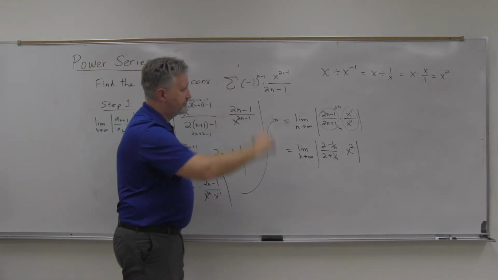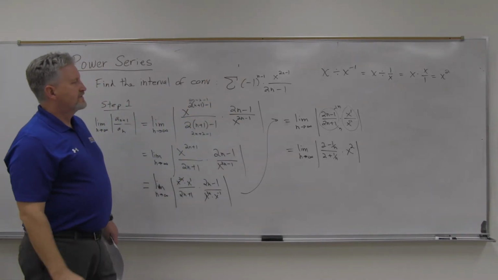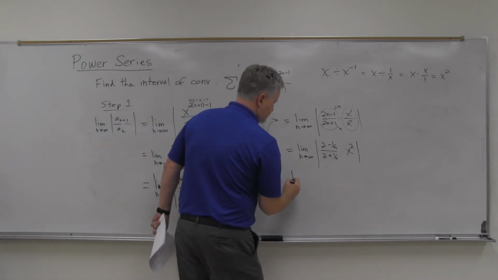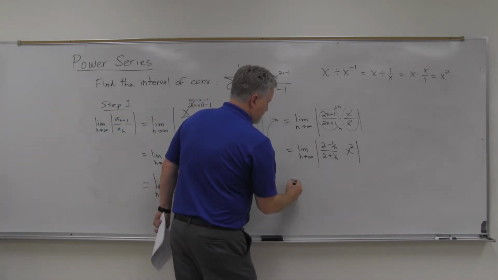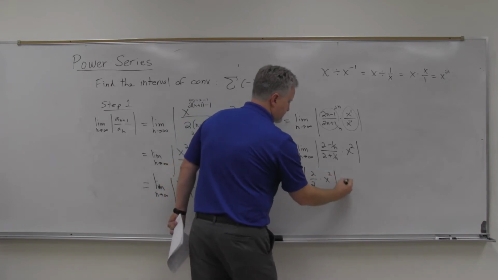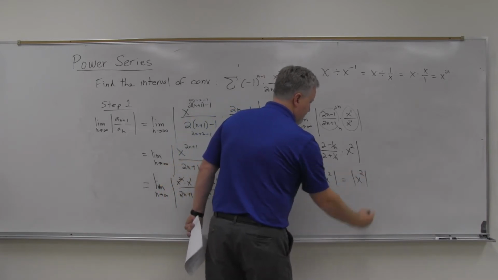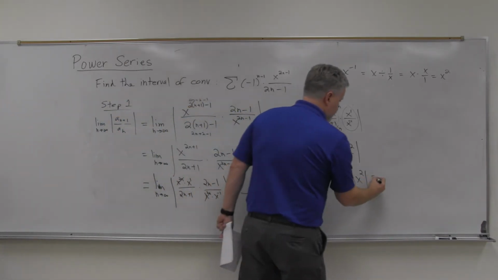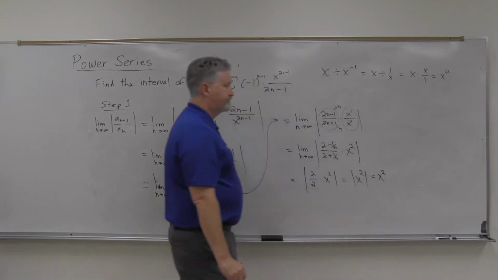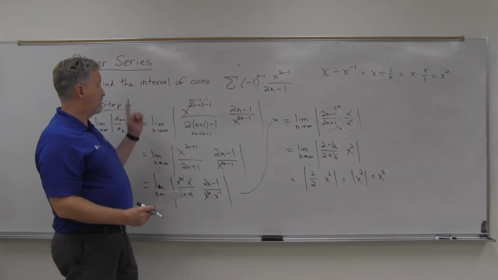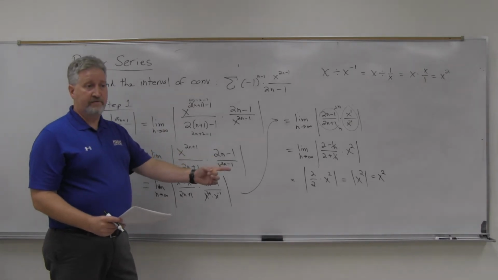We'll flip the minus 1 up. So as n goes to infinity, this would be your absolute value of 2 over 2, which is 1, times x squared. So that's just the absolute value of x squared, which is just x squared. And I want, by ratio test, that less than 1, right?